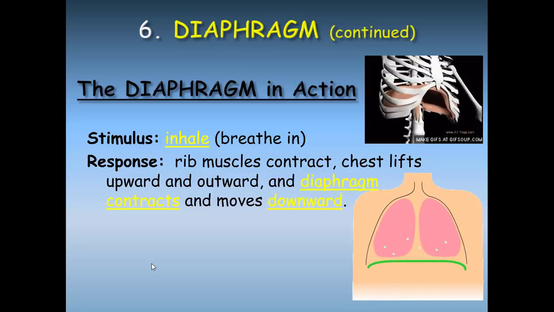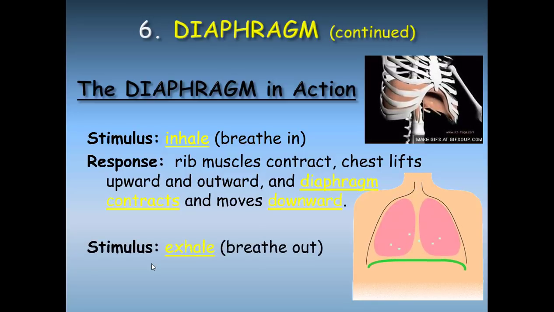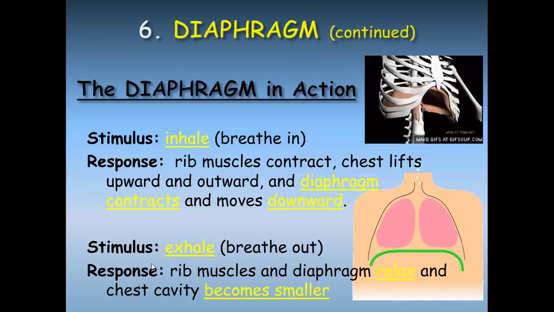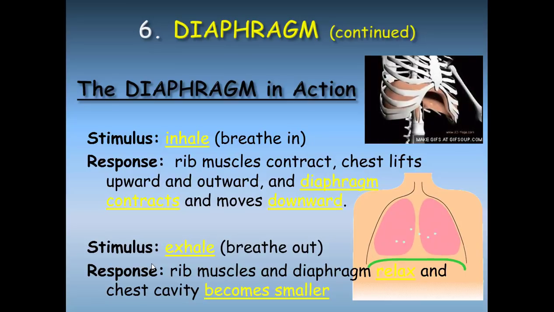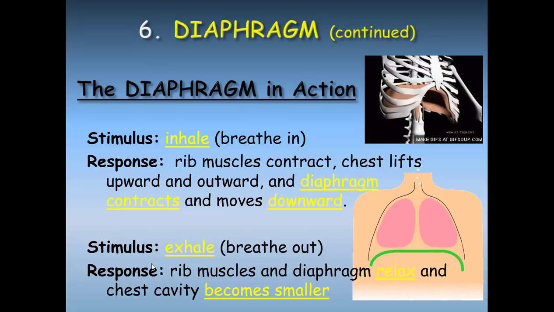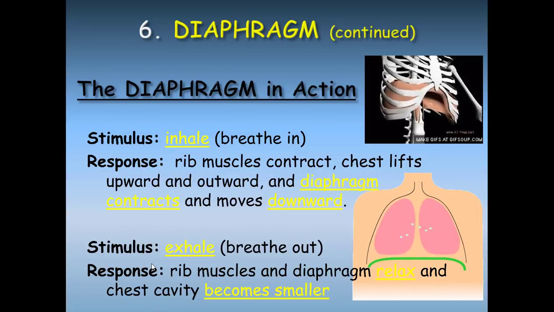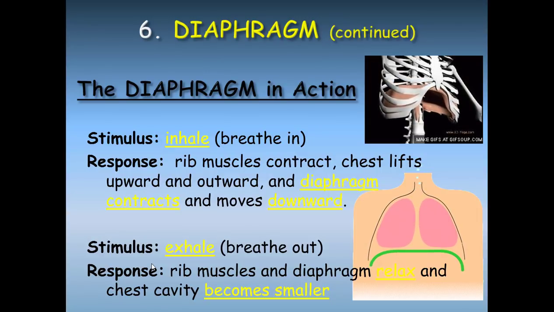In the opposite effect, the stimulus is that when we exhale, when we breathe out, the response is going to be that the rib muscles and the diaphragm are going to relax and the chest cavity is going to become smaller. So these two stimuli keep occurring one after the other with these different responses. We inhale, the diaphragm contracts. We exhale, the diaphragm relaxes. Contraction, relax. Contract, relax.